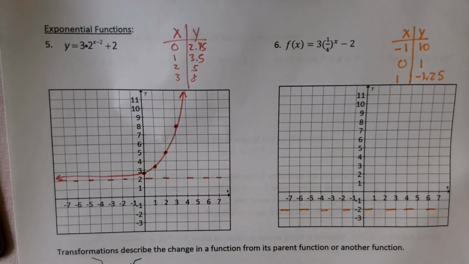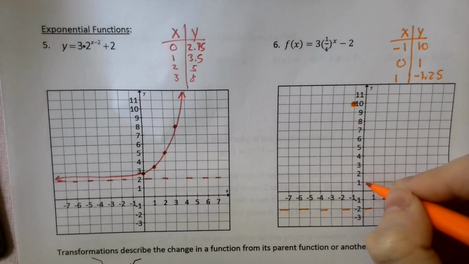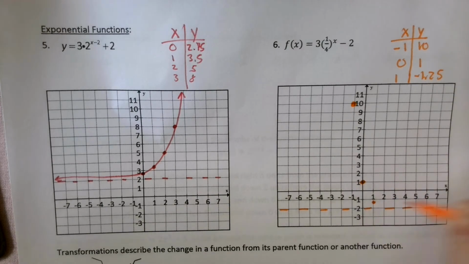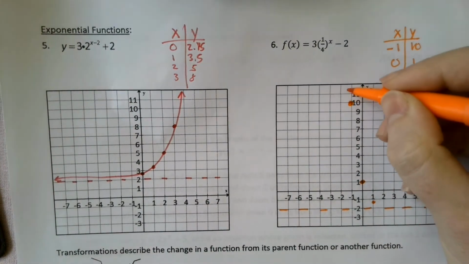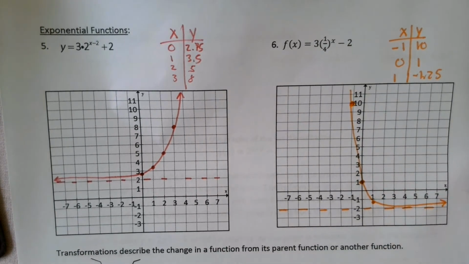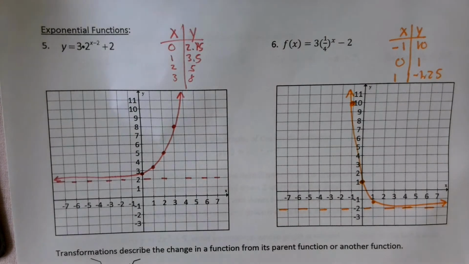But that can also make it easier. So negative 1, 10, 0, 1, and then 1, negative 1.25. Okay. Again, you just type the equation into your calculator and go to your table of values.